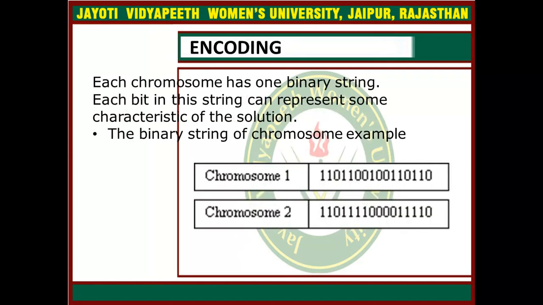Now come to the encoding. In this, each chromosome has one binary string. Each bit in this string can represent some characteristic of the solution. Just see this example: the string of chromosome 1 can look like 11011, and chromosome 2 is like this. These are the strings of chromosome 1 and chromosome 2 respectively.